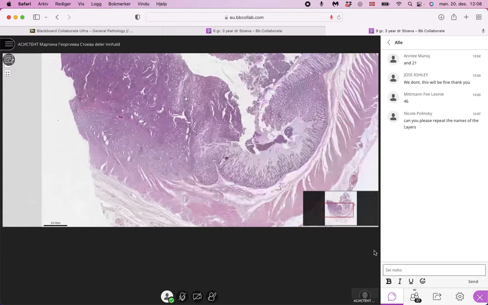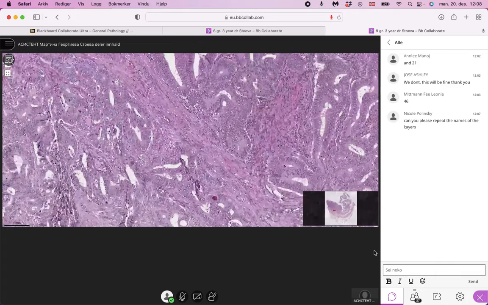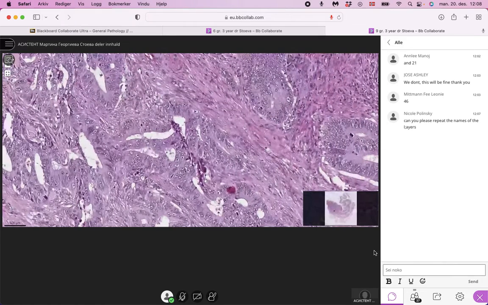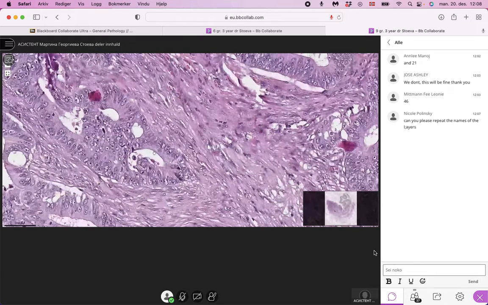And then we move to the left side of the slide, where we can see the tumor composed of glands. These glands have lumina lined by tumor cells.